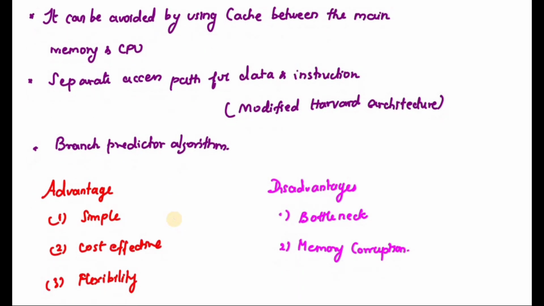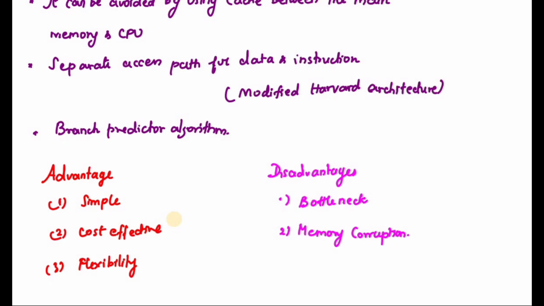So what are the advantages of von Neumann architecture? It is very simple, since it uses the stored program concept, whereby all the data, programs and instructions are present inside the same memory. It is very simple because we don't require any further components.